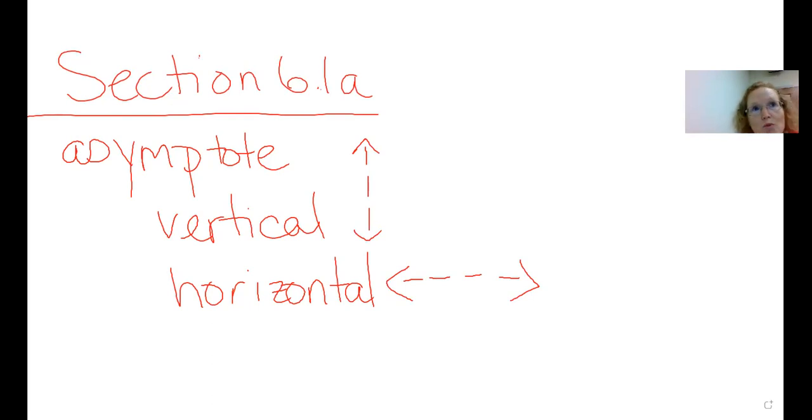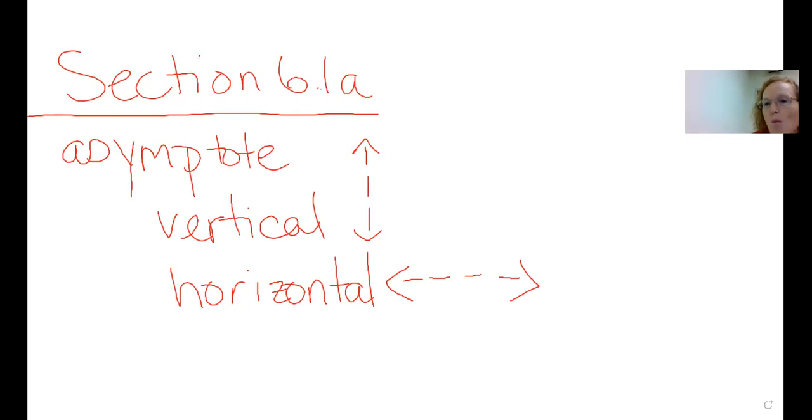If you look out to the horizon, it is left to right, so we would draw that as a left to right line, and it is always drawn as a dashed line. One of the reasons that it's dashed is you need to be able to tell the difference between an asymptote and the actual graph. When we actually graph something, we draw it with a solid line.